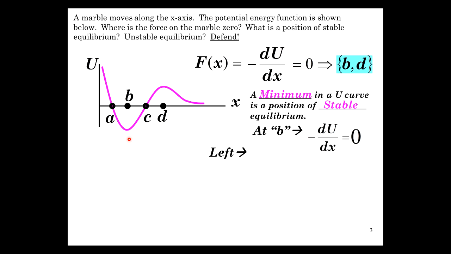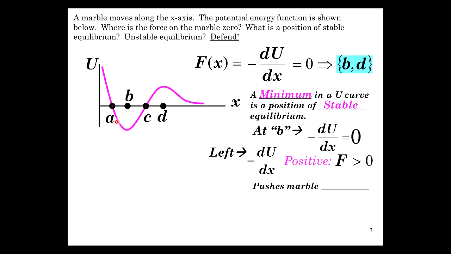So minus dU/dx is obviously positive. All right, well, if it's positive, that means the force is greater than 0. So the force is pointing in the positive direction, to the right. The force is moving to the right because negative dU/dx is positive, and that is the force.